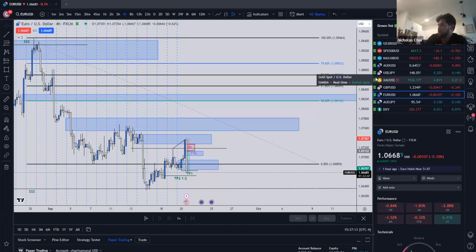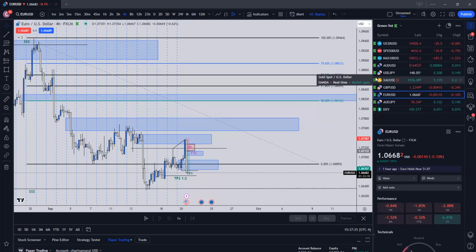Anybody take these trades? I was eating dinner, so I tried to take a long in NAS, but it didn't work out. 'Cause I was looking for the long, but it cut like a knife right through it.